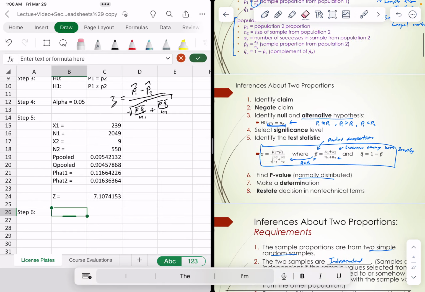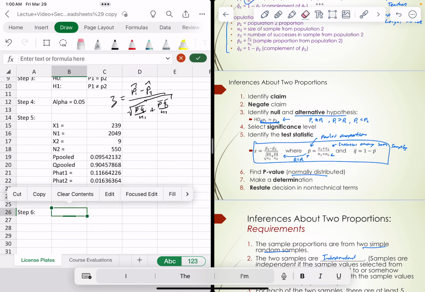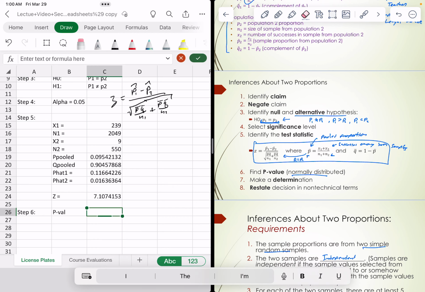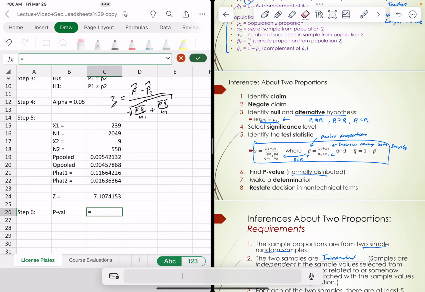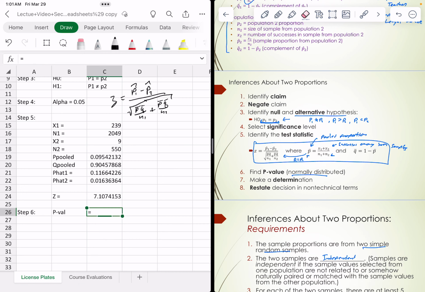But what do I know? It's normally distributed, and it's a two-tailed test. So the p-value is going to equal 2 times something. Here's my normal bell curve, and I'm way over here at 7 standard deviations.